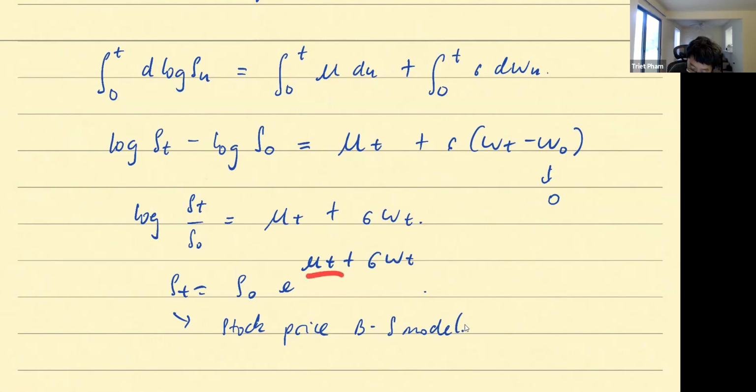Yes, it's mu times t here, because mu is a constant. The subscript t means it's a process at time t. This is W sub t. It's not W times t, because I never defined an object called W. W is a process, so it's a function of time.